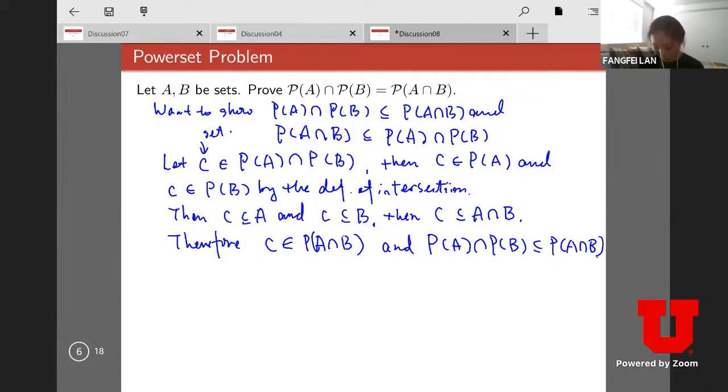So let's go the other way, from right to left. We'll do the same thing. So let C be in the power set of A intersect B. Then what do we do?